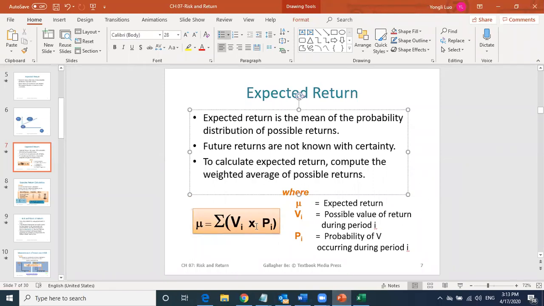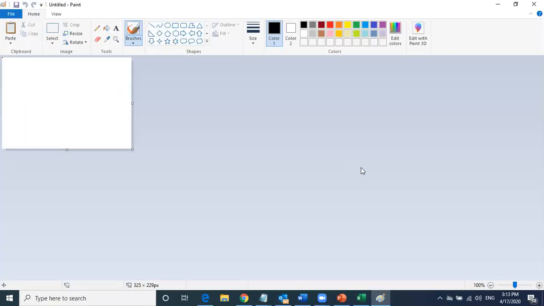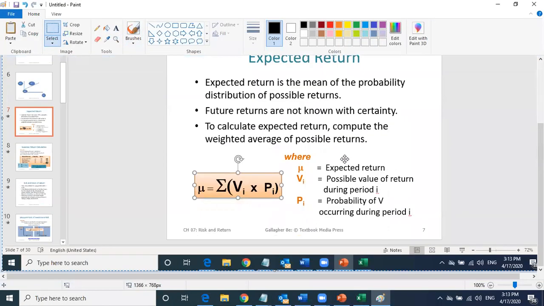So that's the return. We might use a picture, maybe it looks better, so we can put this formula into the Excel spreadsheet.